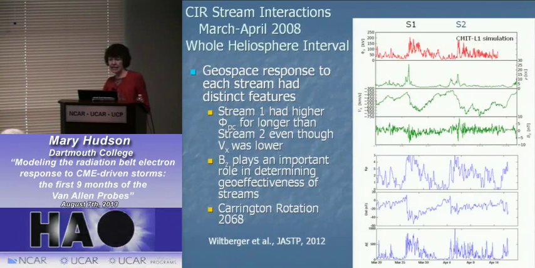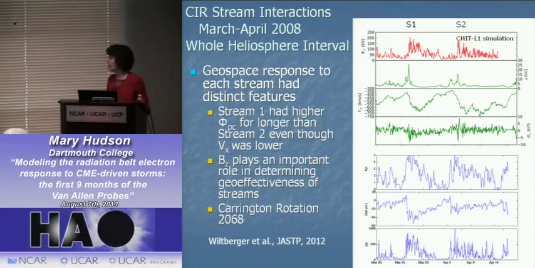But before I go on and talk about the recent recurrence of solar maximum, I'll just mention, because it was a joint activity when we visited, that I collaborated with Mike Wiltberger on a project sponsored by CISM, the Center for Integrated Space Weather Modeling.